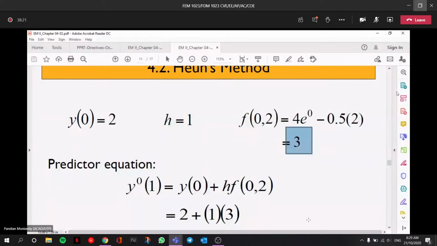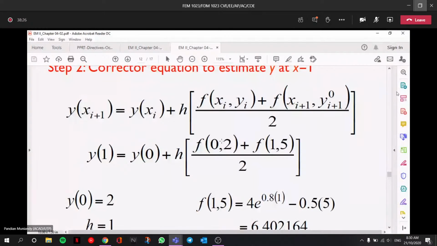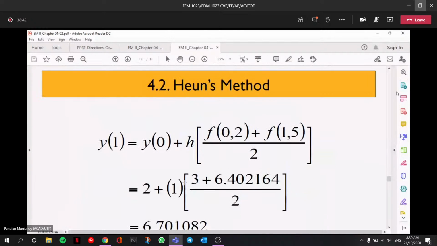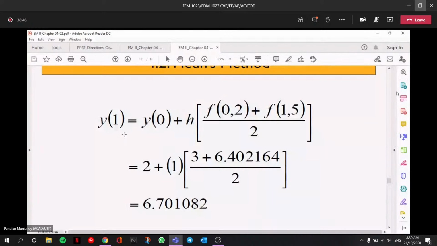So put 3 inside here, plus 6.402164. Put it here. And then h is 1. Y0 is 2. So you can calculate y1. This is the method. You use your calculator now.